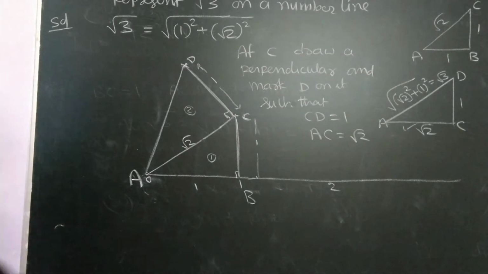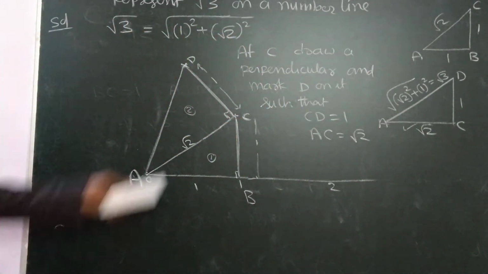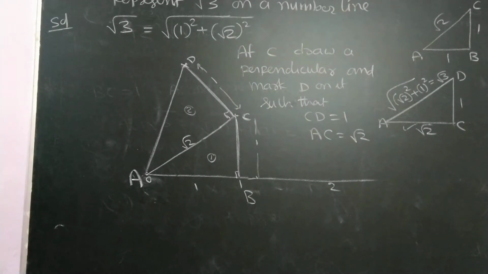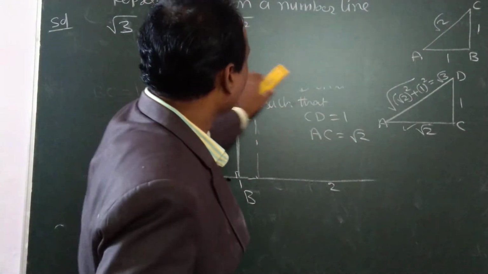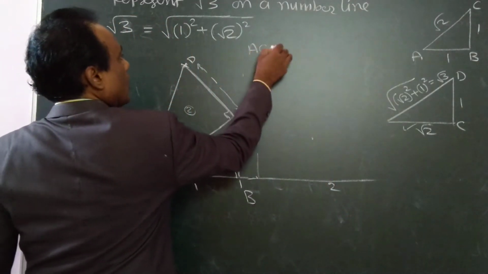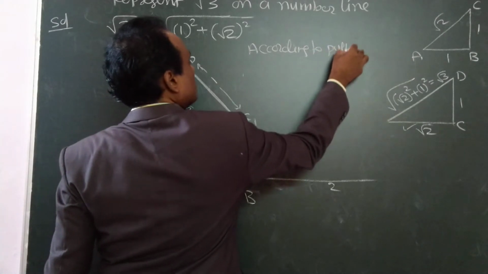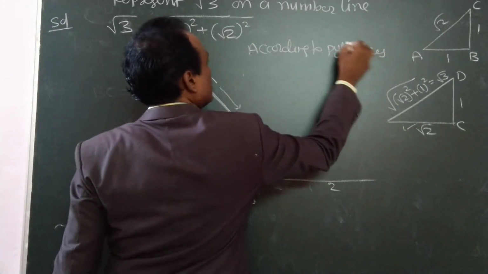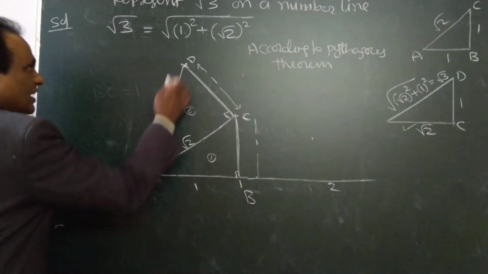Write down. Write down up to here: AC is equal to root 2. Then according to Pythagoras theorem, write down, what is AD?